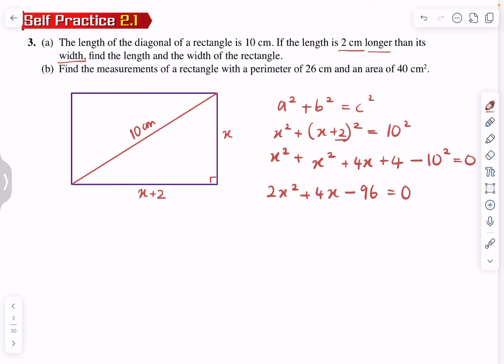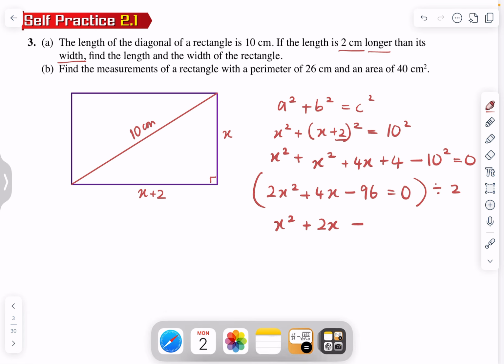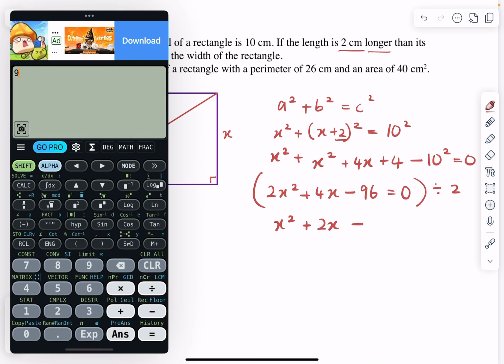So before we can factorize, we must check whether this whole equation got anything we can divide it by or not. So in this case, the whole equation can divide by 2. So we get x squared plus 2x minus, so 96 divided by 2, we get 48 equals 0.